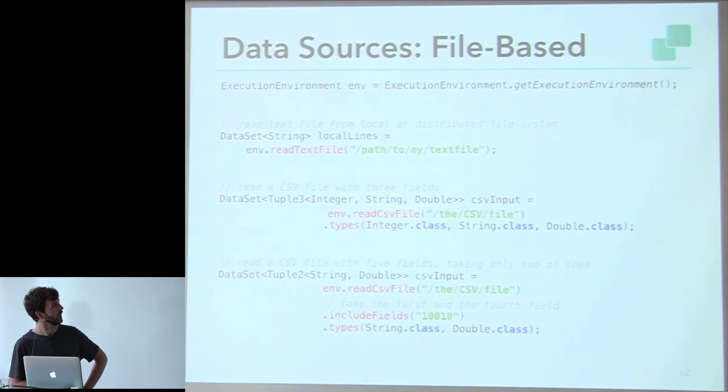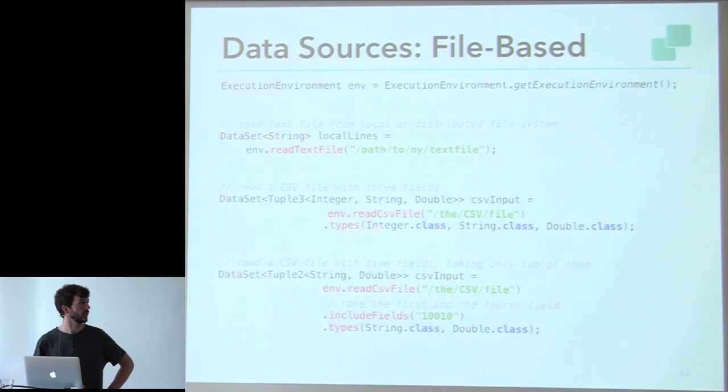And from a file, we also had this in the WordCount example, but you can also read, for example, from a CSV file. There you of course have to specify the types of your input data, otherwise it's just text and Flink doesn't know how to handle it. And you can also specify to include or exclude fields via a bitmask.